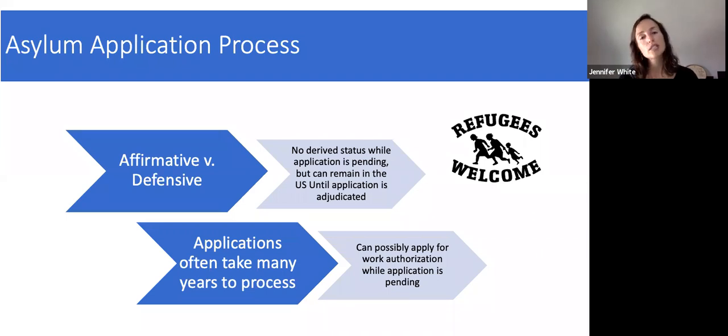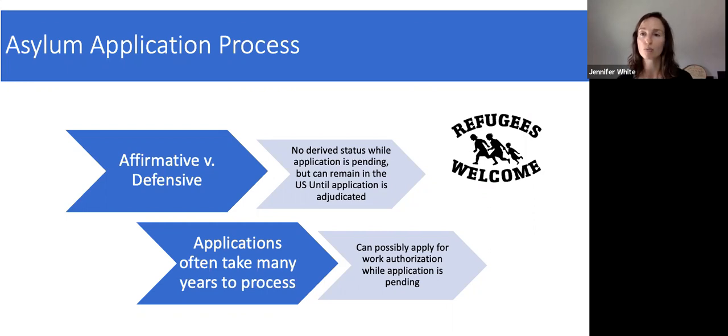So there's some pretty big differences between the two processes. Affirmative asylum is completed by an asylum officer that's trained in interviewing, and it's less adversarial in nature. So you go up to this government office, and you're not dealing with a court scenario, you're just dealing with one person. So if the immigrant is represented, it'll be them, and then their advocate, and then the asylum officer, and that's it. Defensive asylum is different.